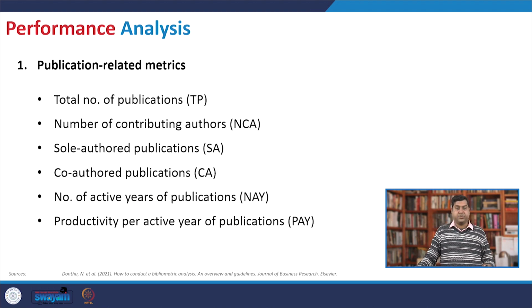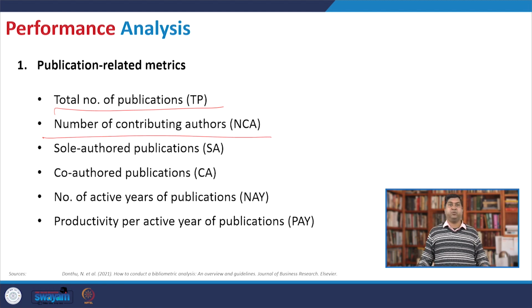Now, publication related matrix, what are the things that we normally look at? The total number of publications in a particular journal, when we select a journal for the review, and the number of contributing authors. It is also important that whenever you see a fundamental paper contributed by many authors, they are all attached with good affiliation. So, there is some sort of belief in it, but at the same time there are a few other consequences as well.